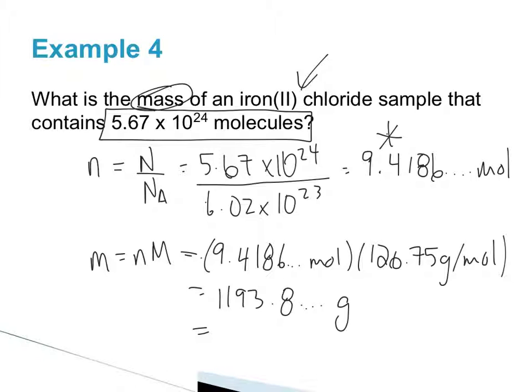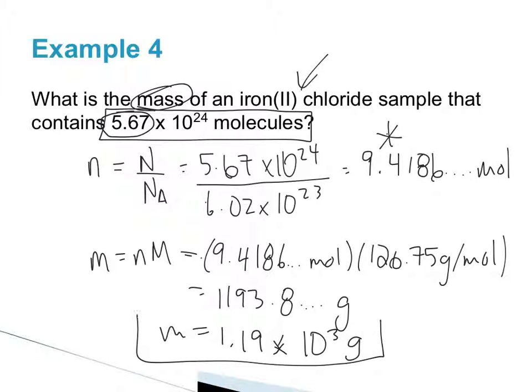So looking back at our problem, we have 3 sig digs in our question, and every operation we did within our problem was either multiplication or division, meaning that our answer should have 3 sig digs. So to represent our answer to 3 sig digs, we've got to put it in scientific notation, which gives us 1.19 times 10 to the 3 grams. So that would be our final mass.